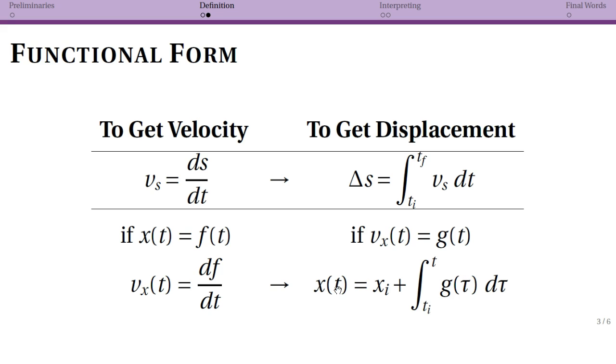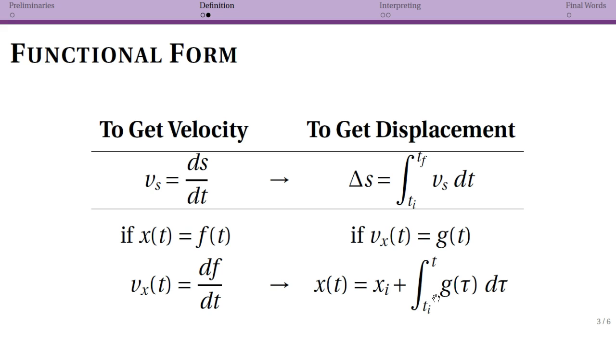One thing I'm trying to denote with my notation that may or may not be very clear is that if what you want is position as a function of time, and you have some initial position and some initial time, then you are integrating where the upper limit of your integral is just t, the variable t. So mathematically, what's inside our integral technically shouldn't look the same as the bounds of our integral.